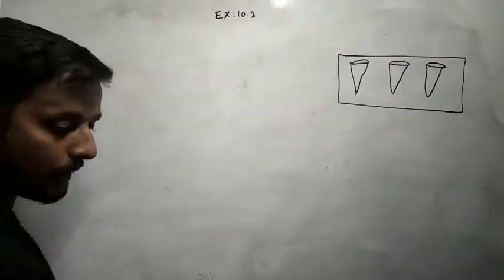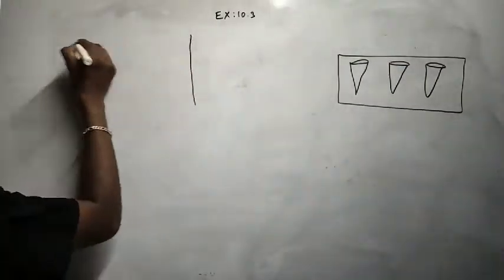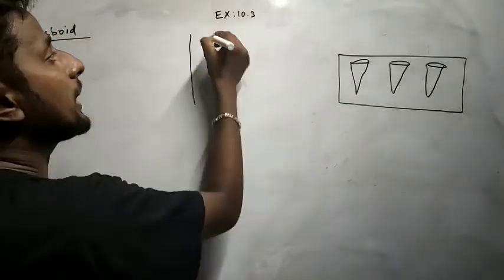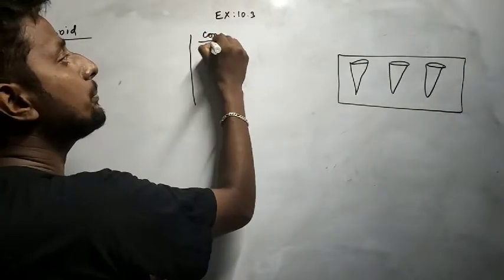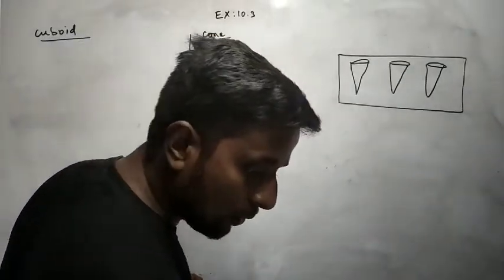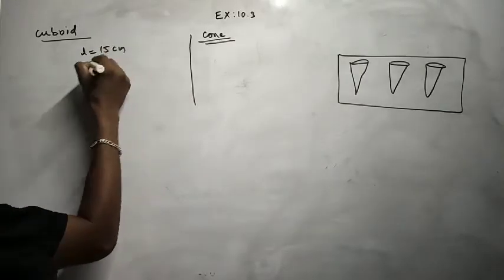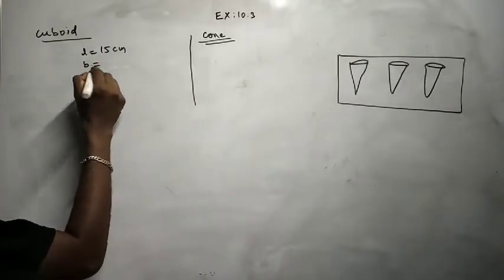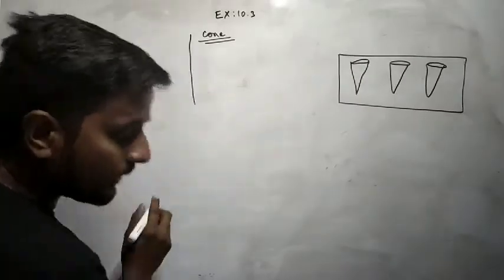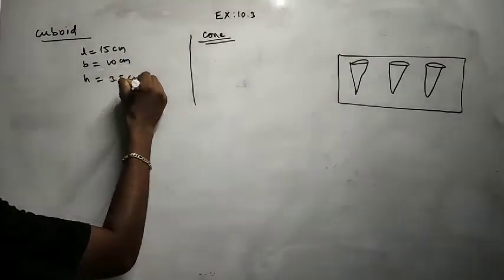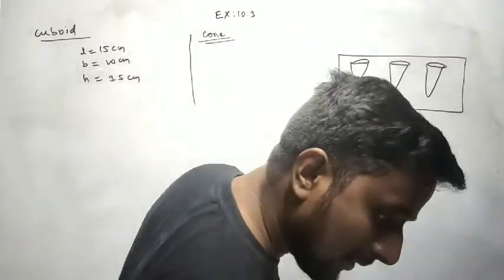So 2 things we can see. The first figure is a cuboid, the second figure is a conical figure, a simple cone. The length he has given is 15 centimeters. For the cuboid, the B value is 10 centimeters and the H value is 3.5 centimeters. Now what else is given?